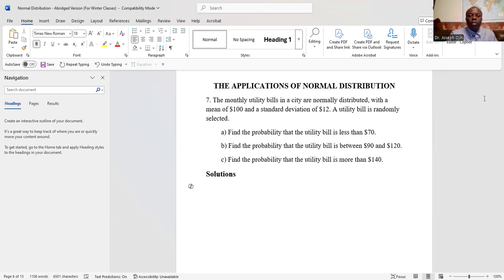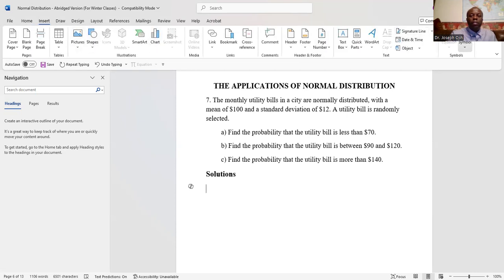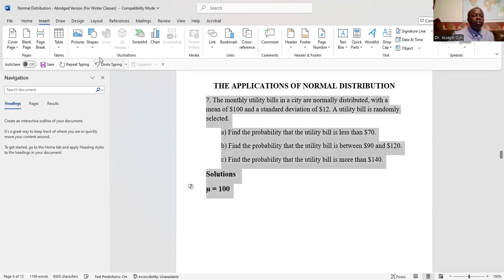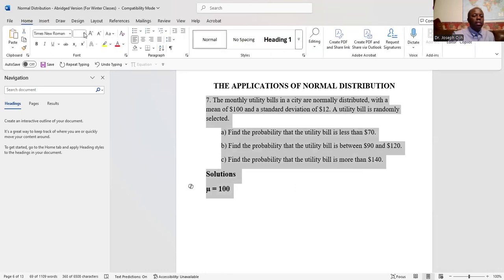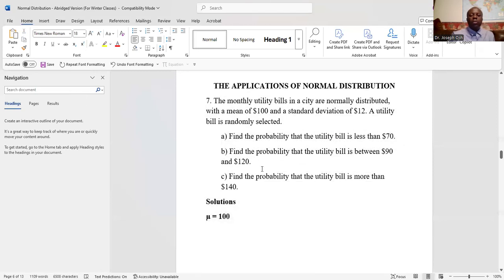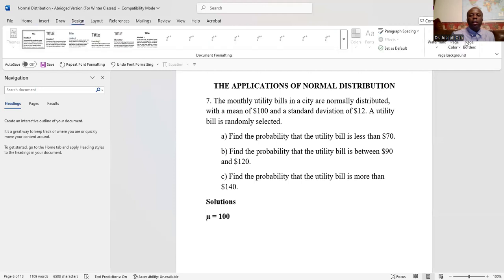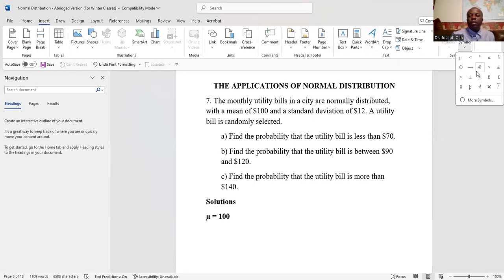So using the symbols, the mean mu equals $100, and the standard deviation sigma equals $12.